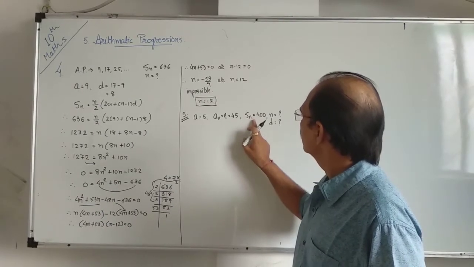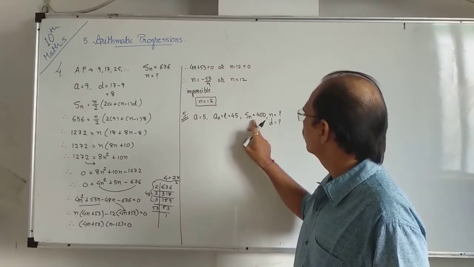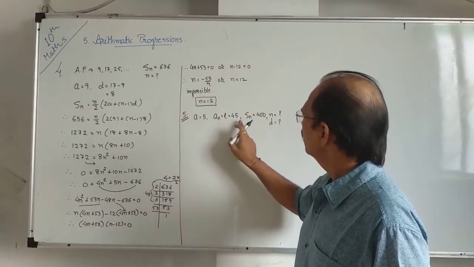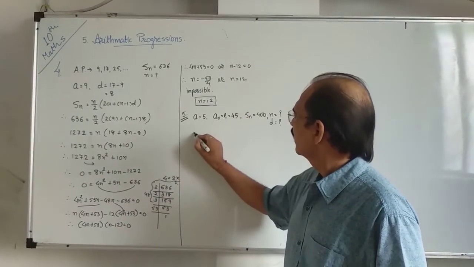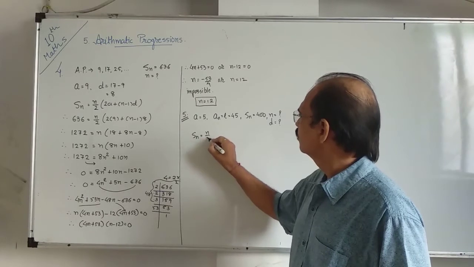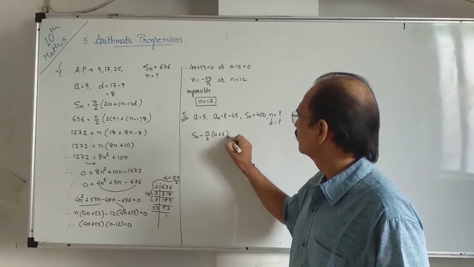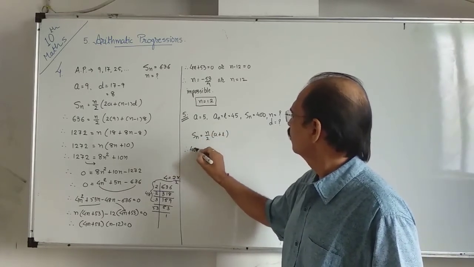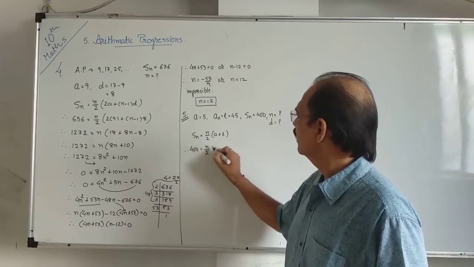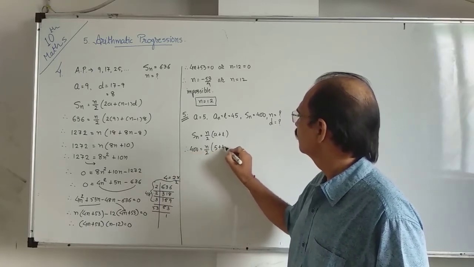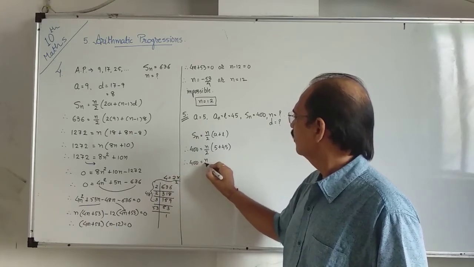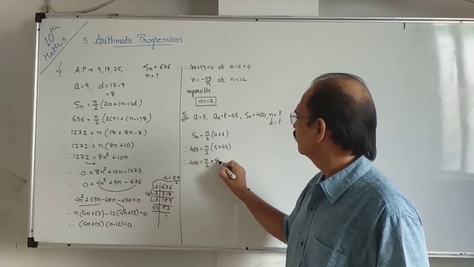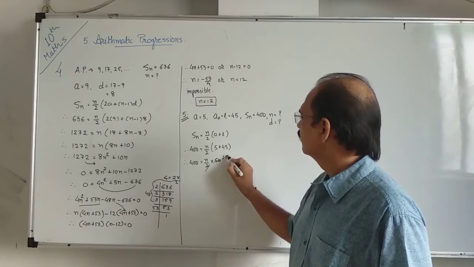We can directly apply this: Sn equals n by 2 into (a plus l). After that you will get n. Sn is 400, a is 5 and last term is 45. 400 equals n by 2 into (45 plus 5, that is 50). 2 into 25 is 50.